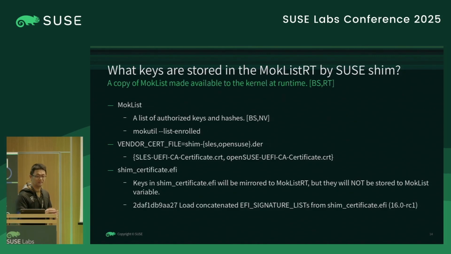The MOK is exposed from the bootloader to the kernel. So here there are three different sources. One is the original MOK, another is the key embedded in the Shim, and the third is what we just call the certificate wrapper's keys.